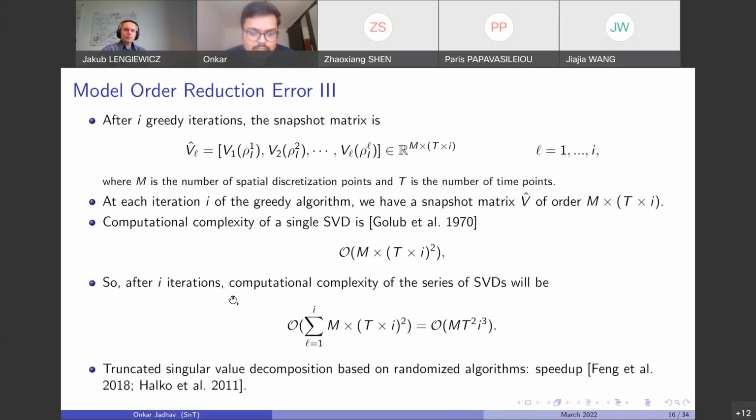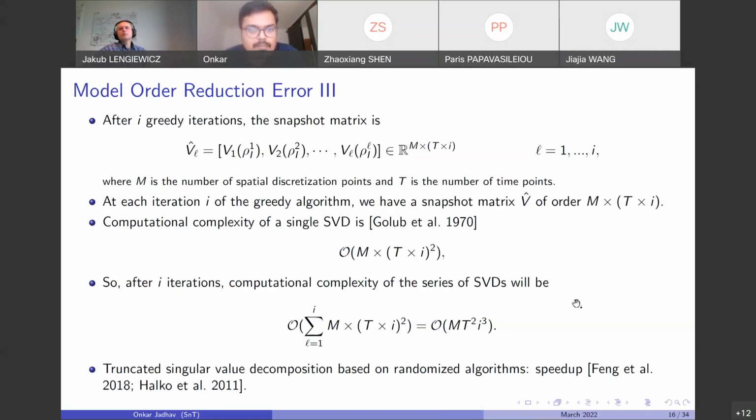You can see that this computational complexity increases with each iteration. This is quite computationally costly, and that's why I've implemented a truncated singular value decomposition based on randomized algorithms. This provides a really nice speed up for my application, which I will show you later with the obtained results. But first, let me explain this randomized SVD in brief.